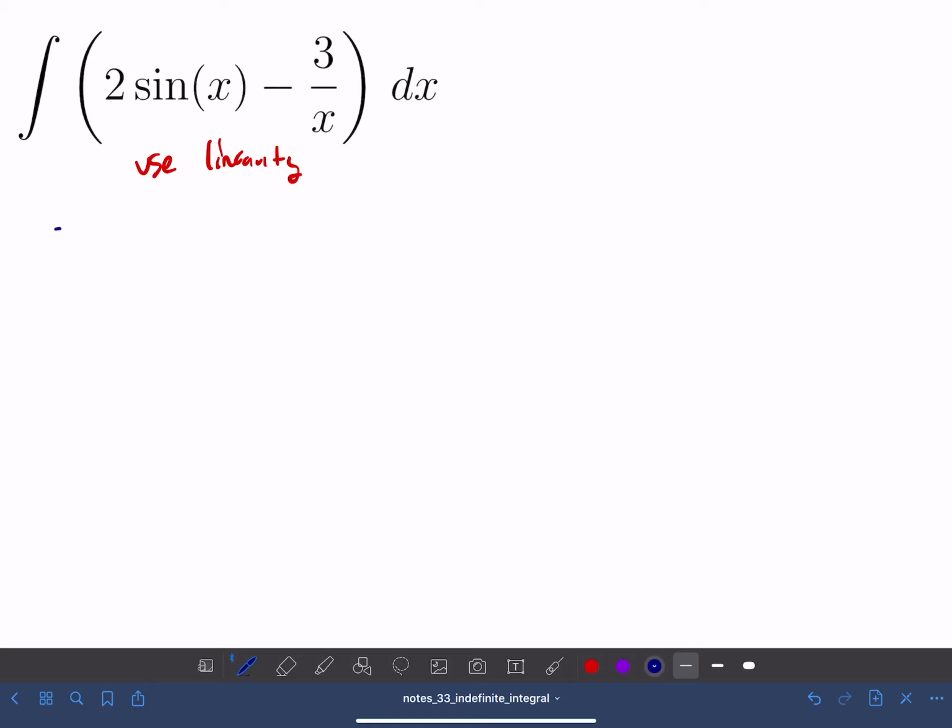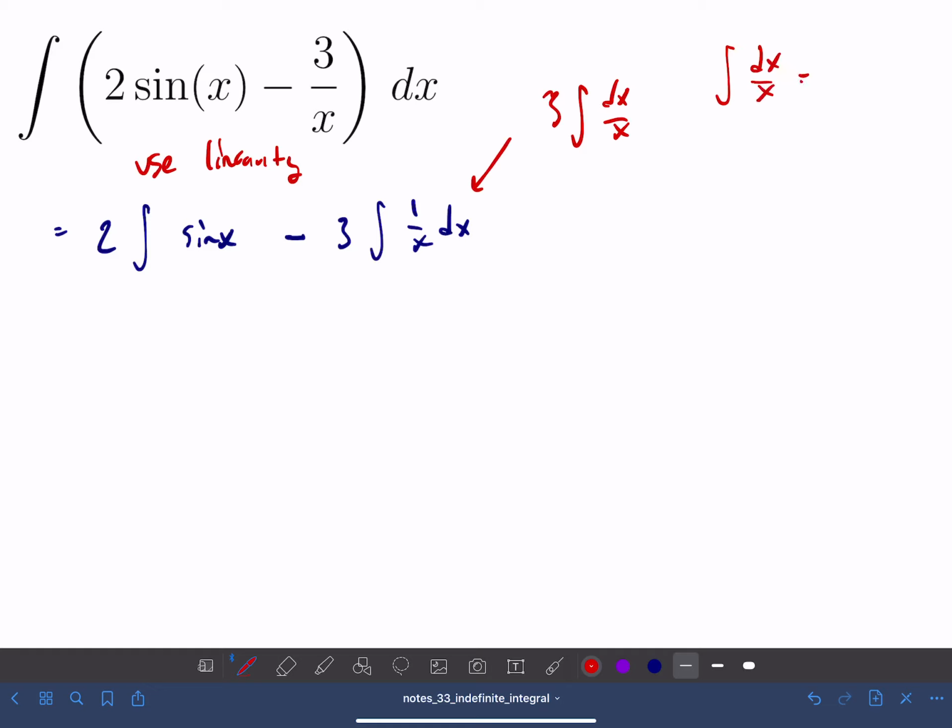And I'm going to write down that this is equal to 2 times the integral of sine of x minus 3 times the integral of 1 over x dx. Now, you will often see that written as integral of dx over x. So just so you're aware, the integral of dx over x is equal to the integral of 1 over x dx.